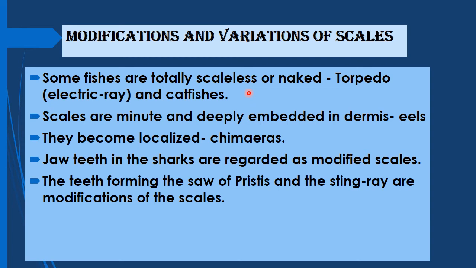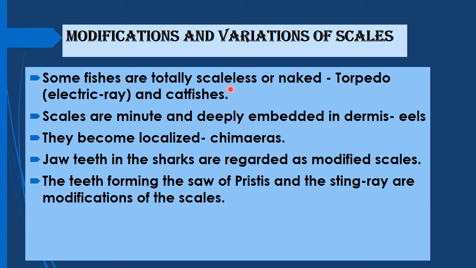They may be localized in chimeras. Jaw teeth in sharks are regarded as modified scales. The teeth forming the saw of Pristis and the stingray are modifications of the scales. So these are modifications and variations of the scales.